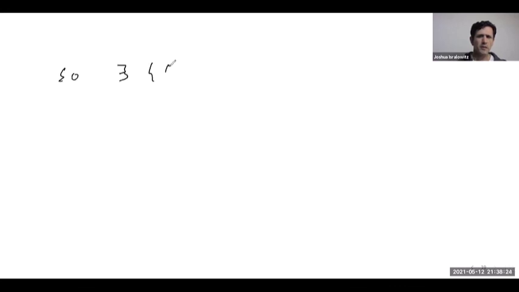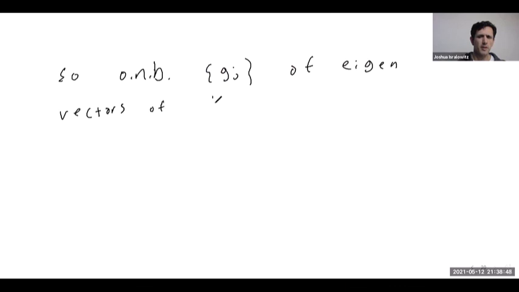So there exists an orthonormal basis GJ of eigenvectors of both A and B, and that proves it.